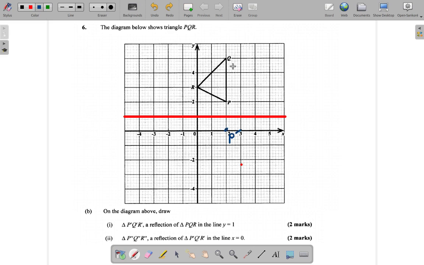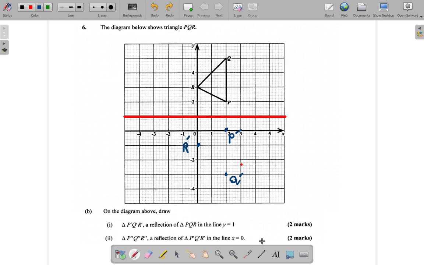Q prime, 1, 2, 3, 4 above the line, so we go 1, 2, 3, 4 below the line. So Q prime would be here. R is 1, 2 above the line, so it would be reflected 1, 2 below the line. So R prime would be here.